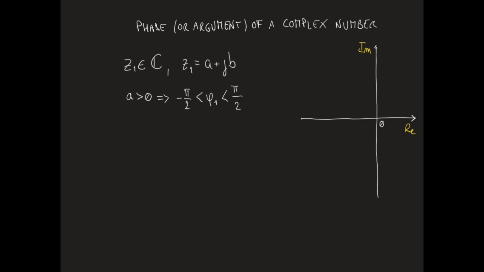Instead, for negative values of the real part, the phase can range from pi divided by 2 to 3/2 pi.